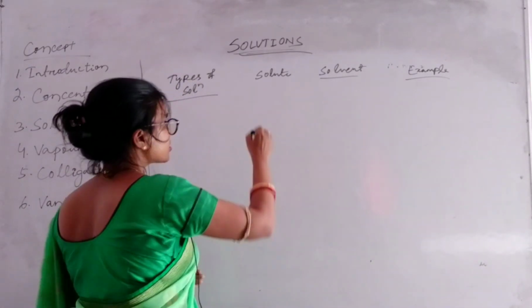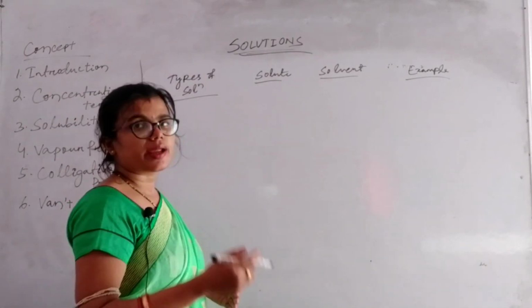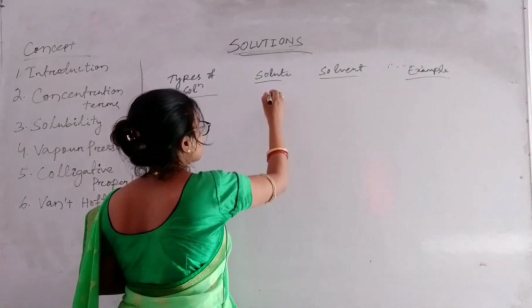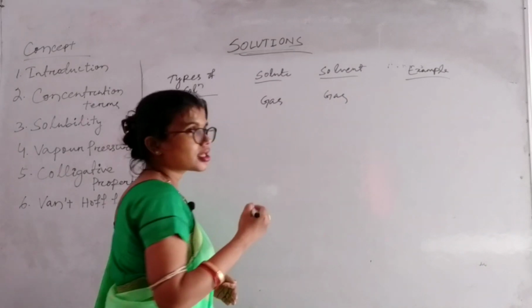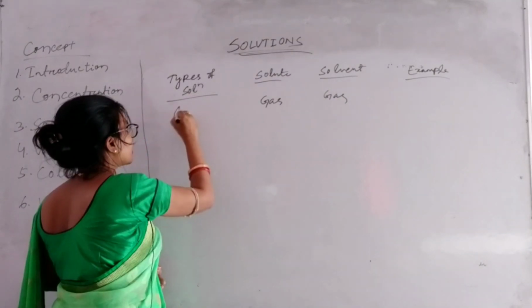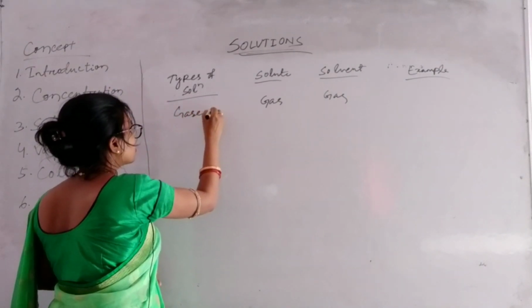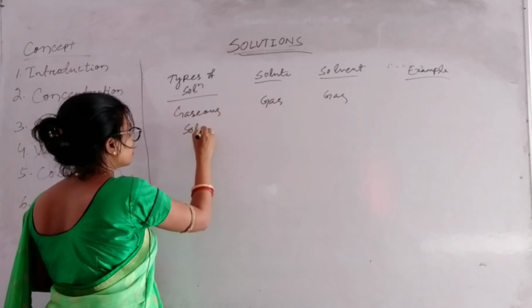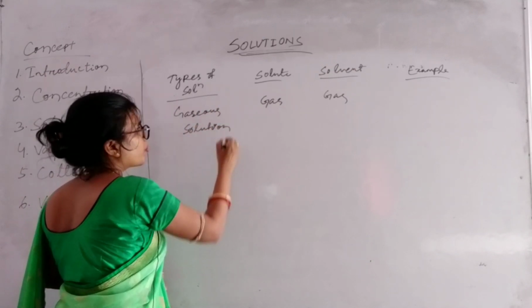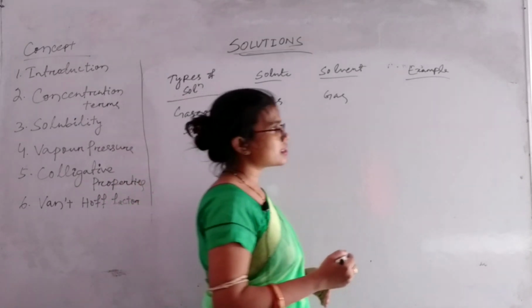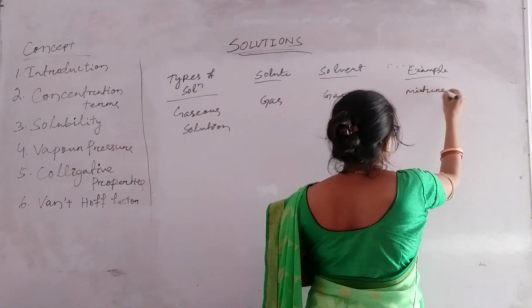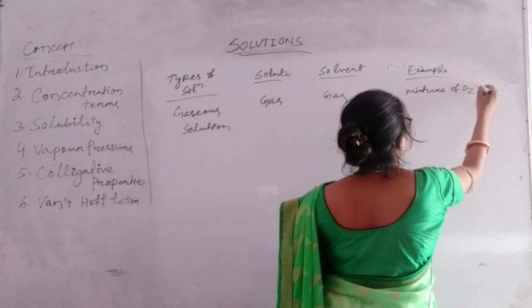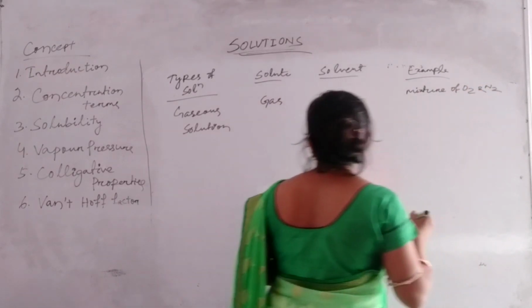If both the solute and solvent are gases, then the solution is called a gaseous solution. For example, a mixture of oxygen and nitrogen.